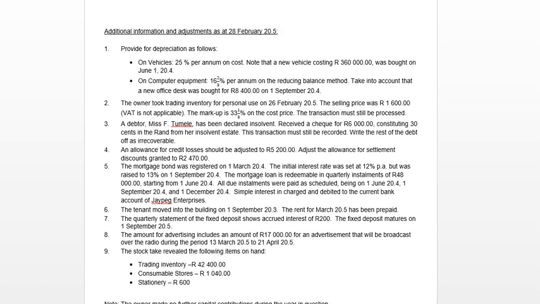So what information do we have? Let's start off. So first it says, provide for depreciation as follows. On vehicles, 25% on cost. Note that a new vehicle costing 360,000 Rand was bought on the 1st of November 2004. Okay, so let's go to our timeline and write this down.